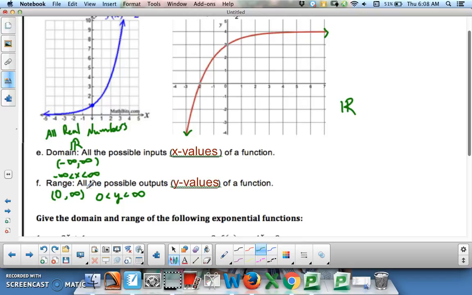It's never going to get to 0. Also, a popular way is to just say, all right, y is greater than 0, which implies that it's going to keep going up to positive infinity because it's just everything greater than 0. It just goes and goes and goes forever. So you might see it written that way. It's the same thing.